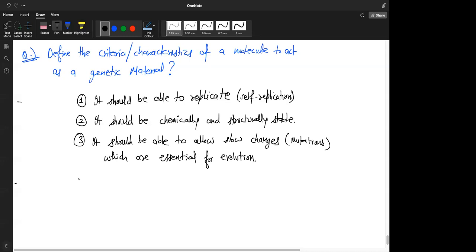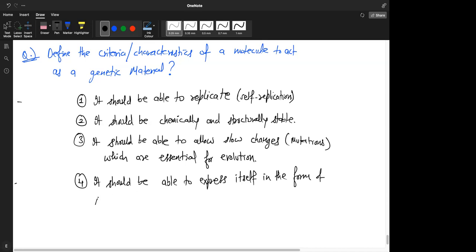And last, having said all of this, if it's a genetic material, it should be able to express itself in the form of Mendelian characters.